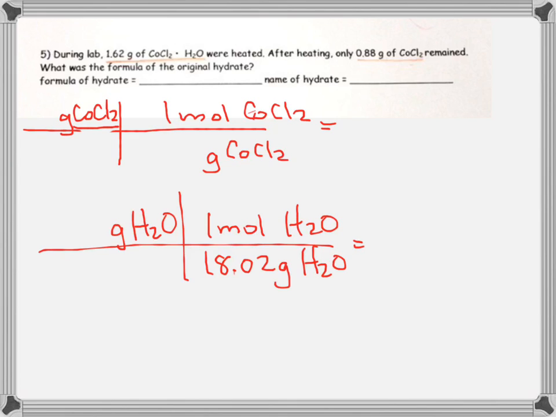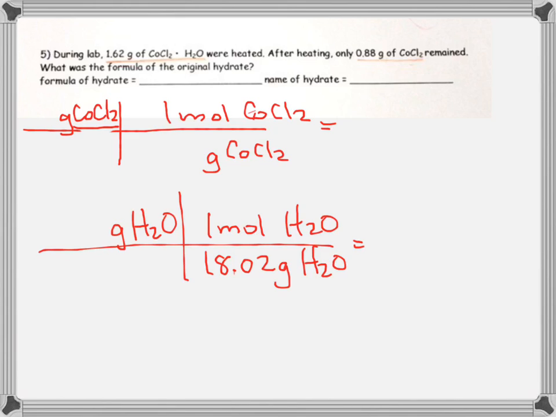So for every hydrate problem, you're going to have this T-chart for the ionic compound, and you're going to have a T-chart with water, going from grams of water to moles of water. So the first thing we've got to do in this problem, since they didn't give us the mass of water, is calculate the mass of water.